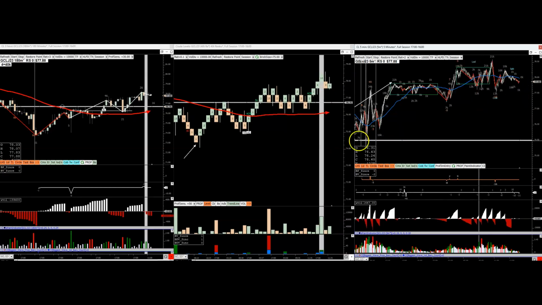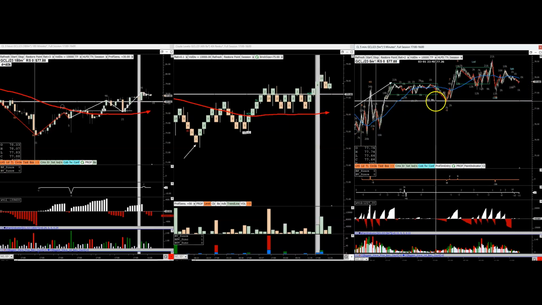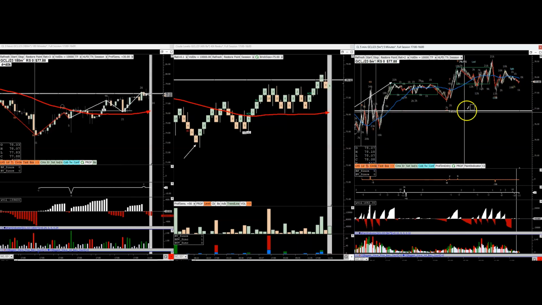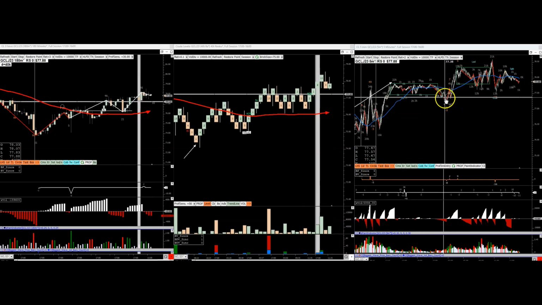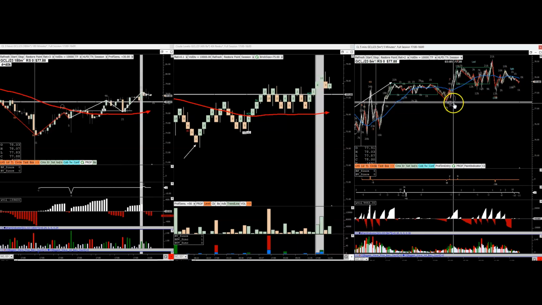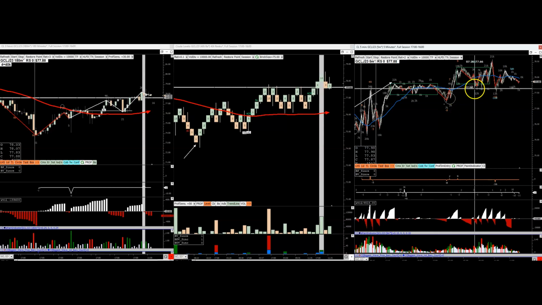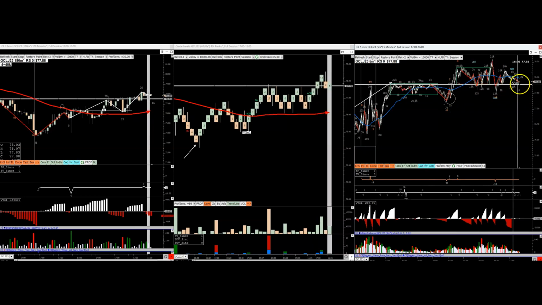I wouldn't be surprised if they definitely take out this low, this low right here. That's the spring low that's going to get taken, because the former lows here were already taken.